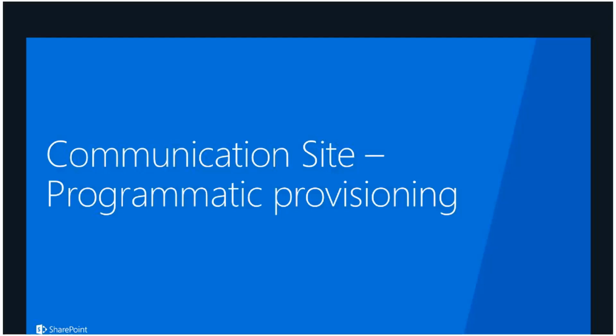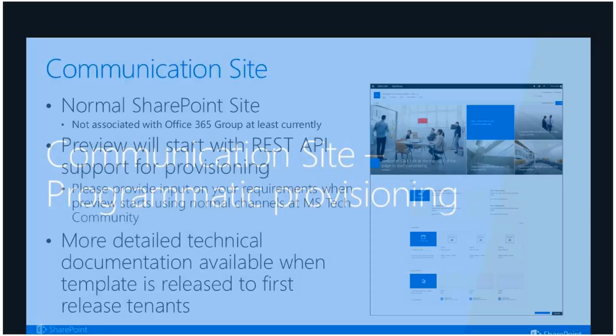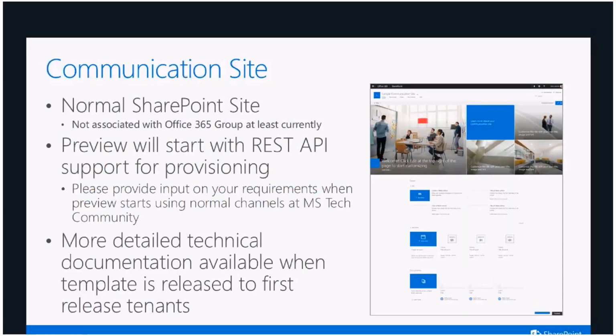But I can show you today how to programmatically provision a communication site using a REST API, which is available in SharePoint. We will have much more detailed guidance and samples whenever the communication sites are released. Communication sites are technically normal SharePoint sites.